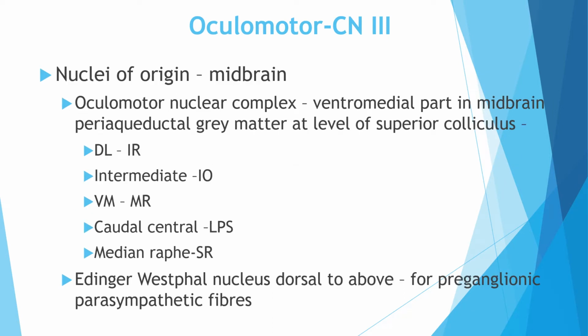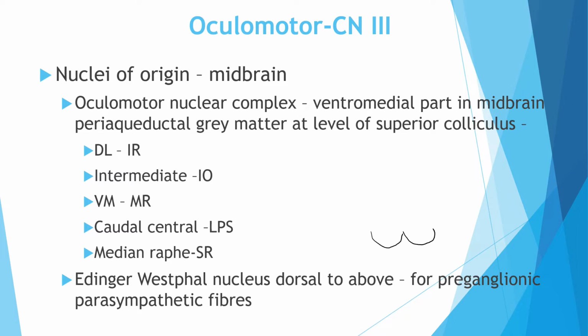What is the nuclei of origin of the third nerve? So the nucleus is present in the midbrain at the level of superior colliculus. If we see the transverse section of midbrain, the dorsal aspect shows the tectum.